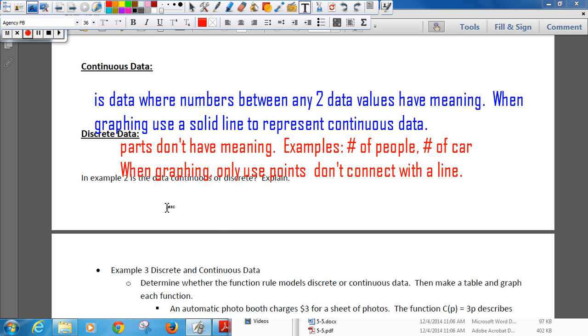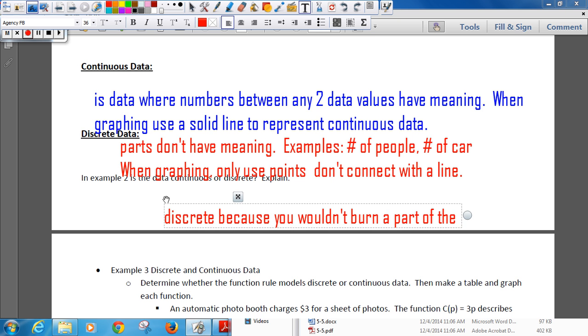So example 2 should have been discrete, because you wouldn't burn a part of the CD. It's not meaningful. So we should not have connected that.